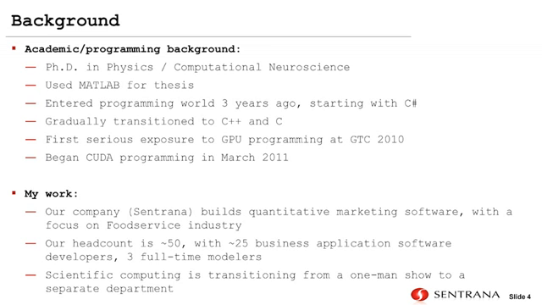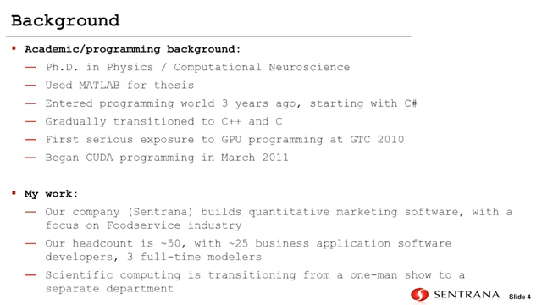So what does our company do? We build quantitative marketing software. Our focus is on the food service industry. Basically, anytime you have lots of products you're selling to lots of customers, and you want to figure out the right price to sell these products at, or you have a company that is spending a couple billion dollars on marketing and you want to help them allocate their marketing spend, those types of questions, we help our clients answer.